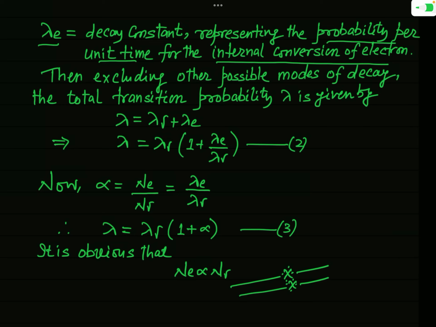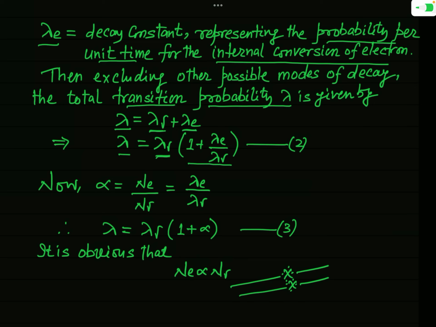If we neglect all other decay processes, the total transition probability, or total decay constant lambda, will be lambda gamma plus lambda E. Taking lambda gamma as a common factor, lambda will be equal to lambda gamma times 1 plus lambda E by lambda gamma.